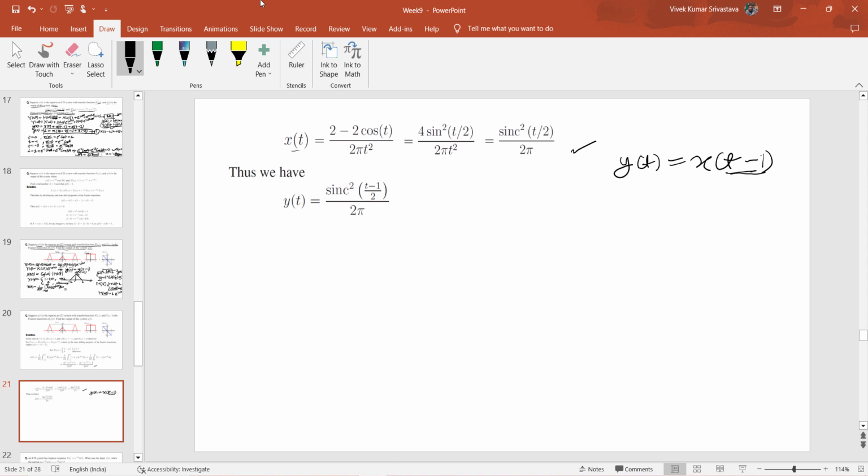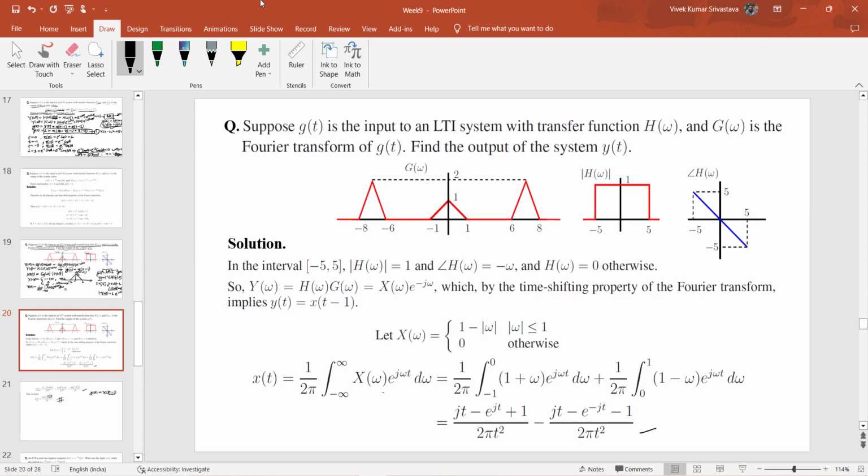That's why y of t is defined as sinc squared of (t minus 1) by 2, over 2 pi. You can see that the factor t in x of t is changed to t minus 1 in y of t. So this is the response of the system. Any doubt in this problem?